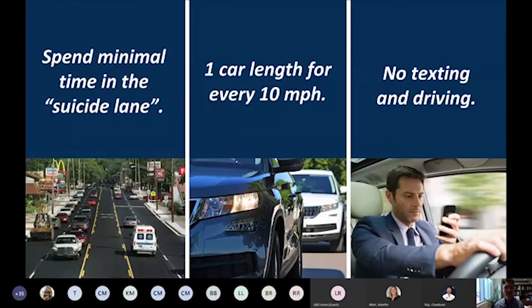Is that a preference or is that a principle? Let me just hear from somebody what they would say. Preference. A preference. Okay.